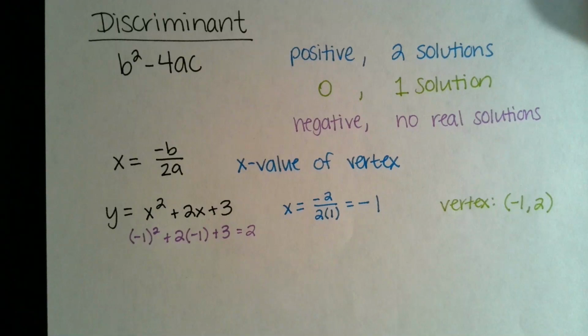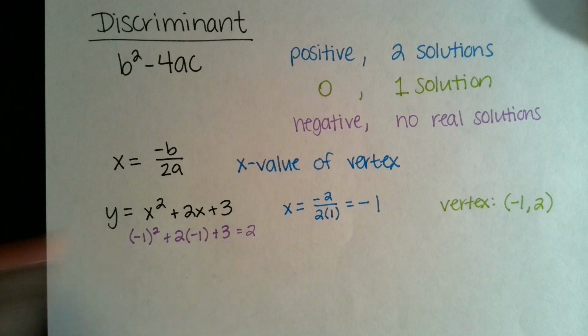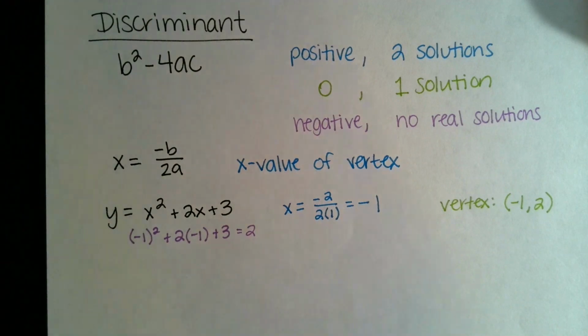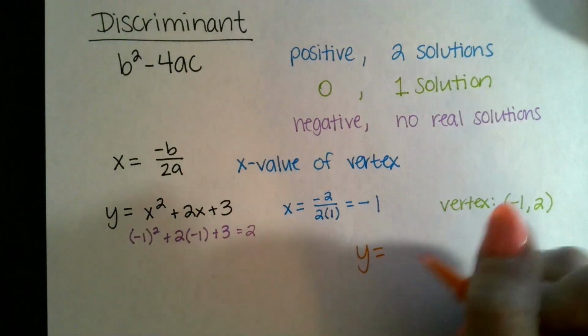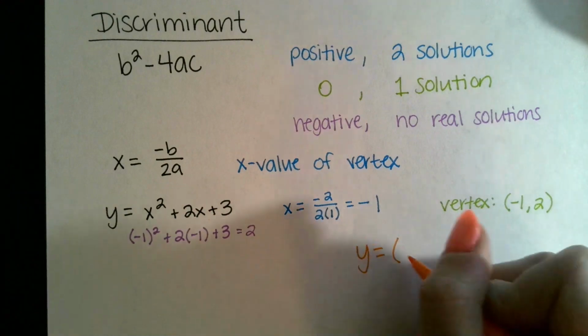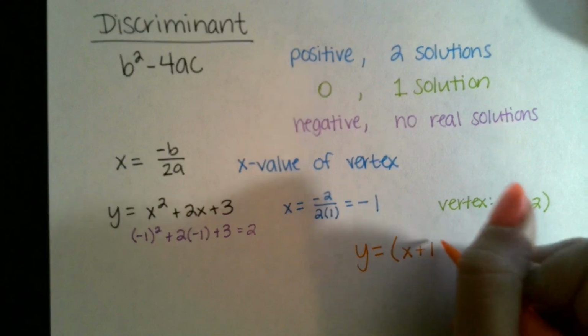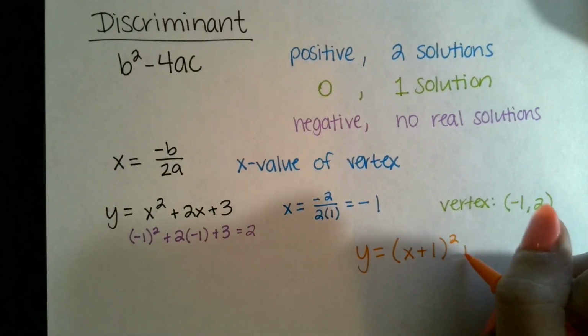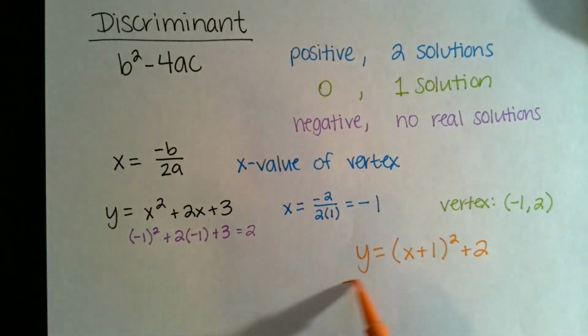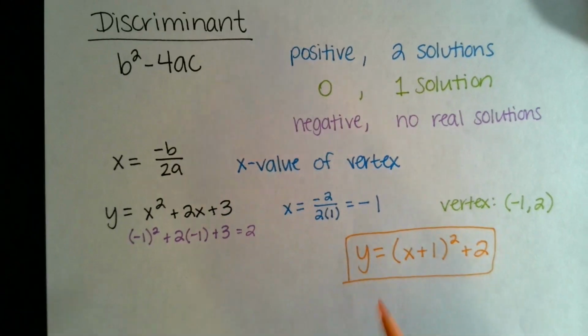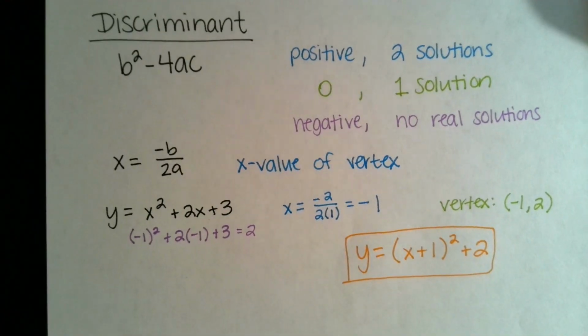What is the a value of this equation? 1. So I don't have to write a being 1. I can go straight to parentheses x opposite of h squared plus k. There it is. That's it.